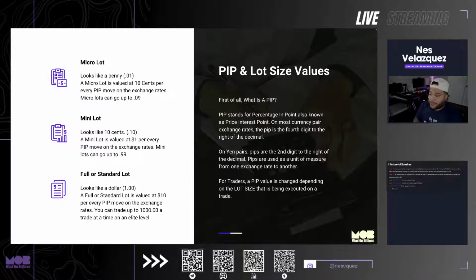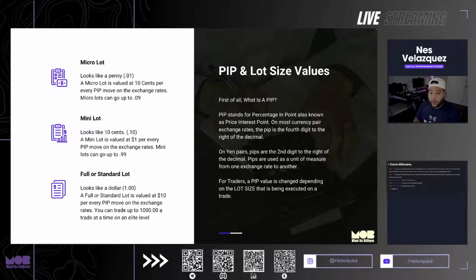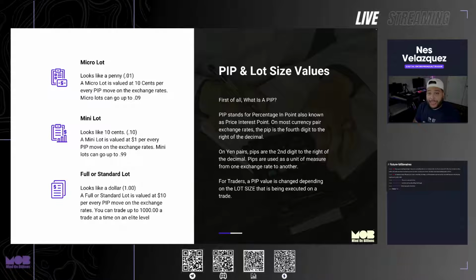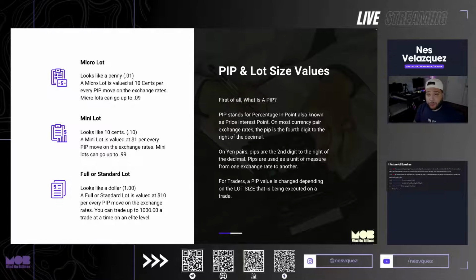So when I'm about to place an order in the foreign exchange market, if I wanted to make it have a very little impact on my trading account, I would go with a micro lot. So before I trade, I set it to a micro lot.